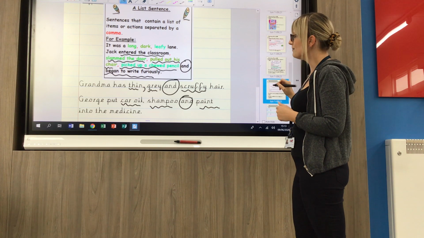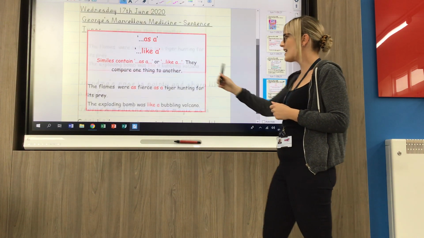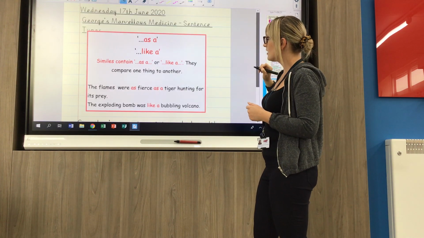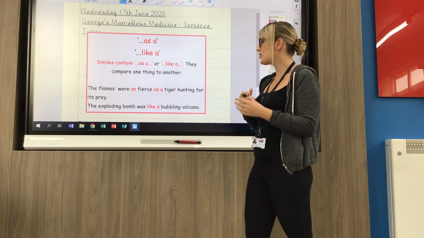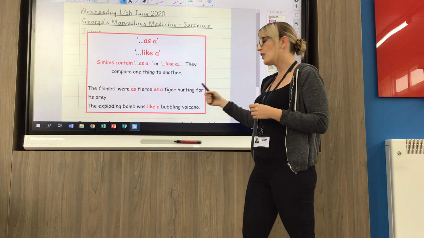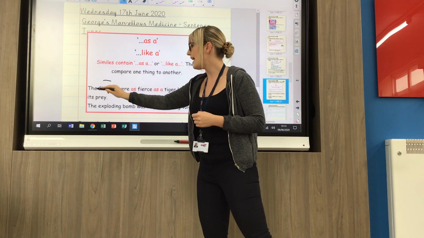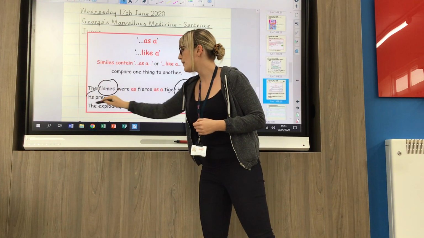A simile then contains as a, or like a, to compare one thing to another. So: the flames were as fierce as a tiger hunting for its prey. It's comparing the flames to a tiger hunting for its prey.